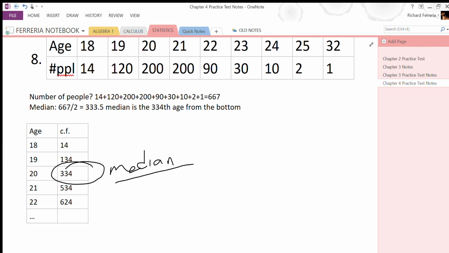You'd have to put in 14 18s, 120 19s, 200 20s. So, you know, if you have a strong enough calculator, you could. Okay, so that was, you said 11, right? 11.